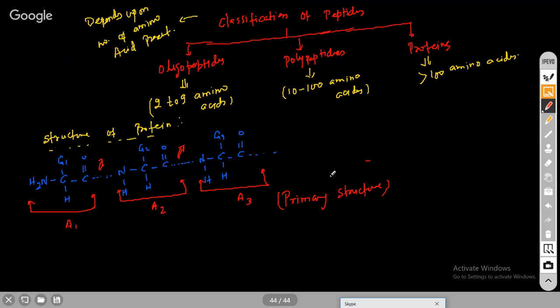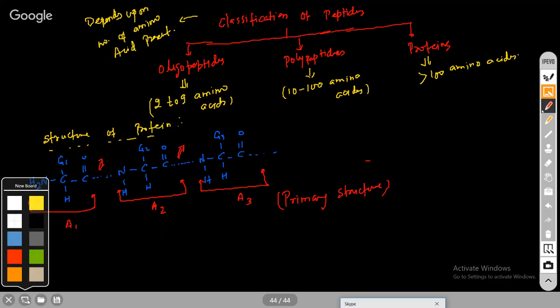Now, since it is a long chain, it won't be completely straight. Secondly, there is some electronegativity difference here also. So we'll have some attraction between the atoms present over here, right? Because of this attraction, this structure will be bent into a spiral or helical form, a spring-like structure. Let me draw.